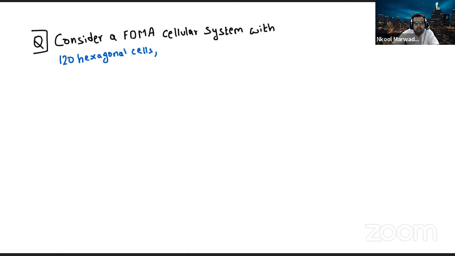The total system, having the FDMA cellular system, has 900 overall two-way channels per cluster.